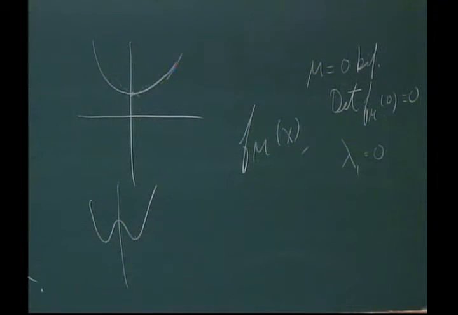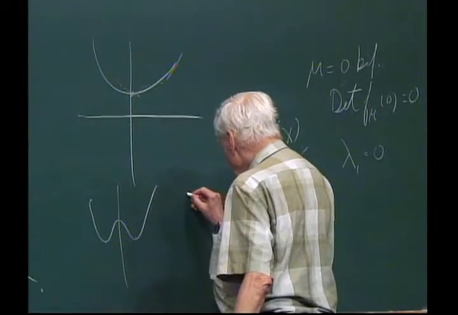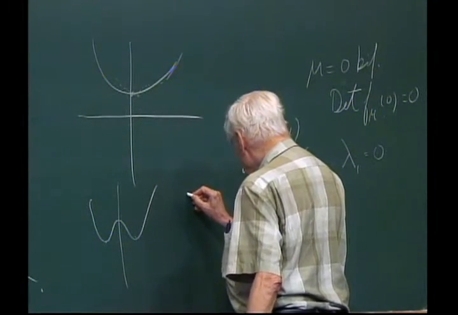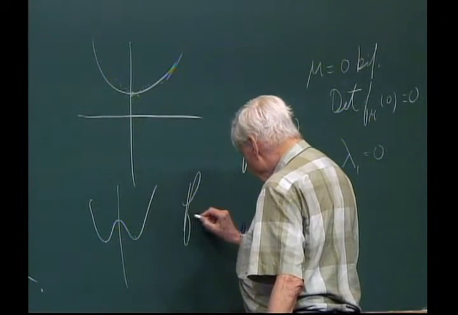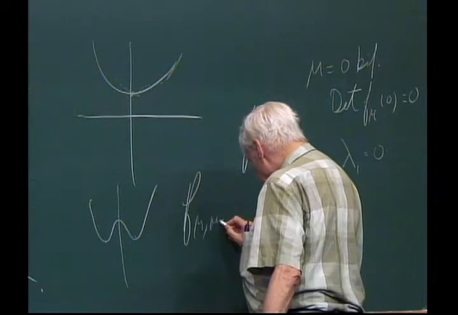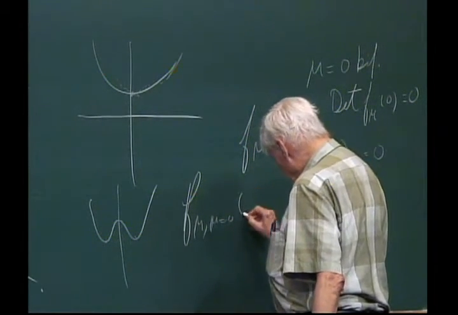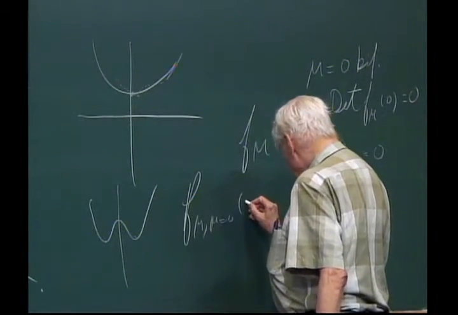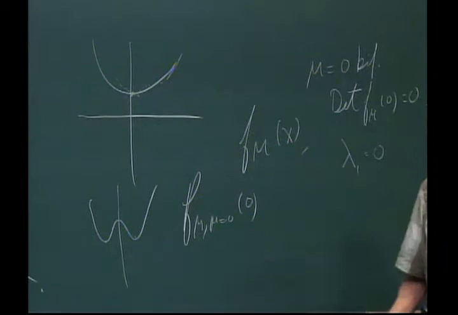So what we do, even in our first paper, is hypothesize the following: we look at the dynamics of f at the bifurcation point, f at mu equals 0. This is going to be a dynamics in n-dimensional space.